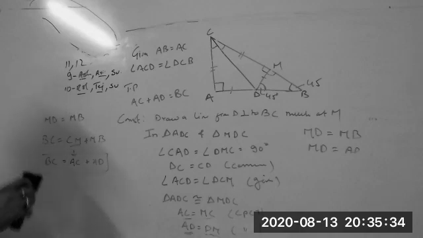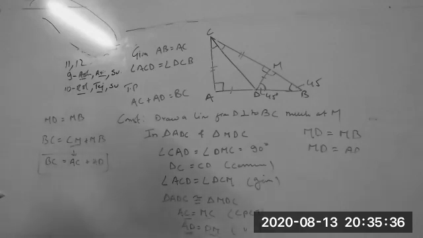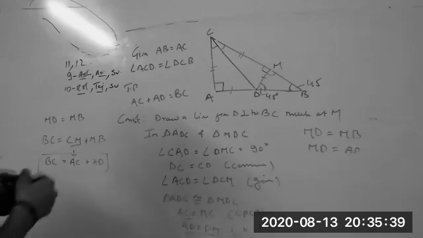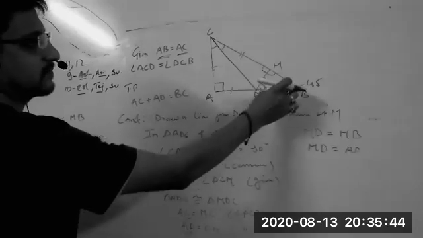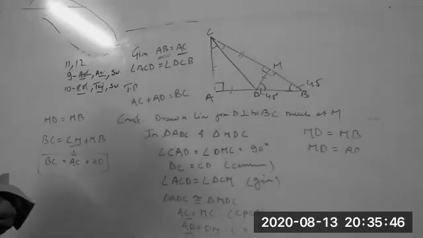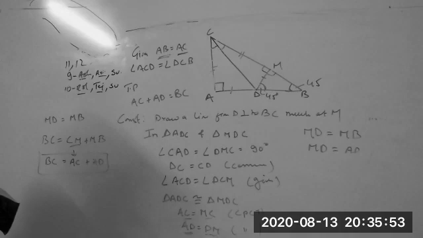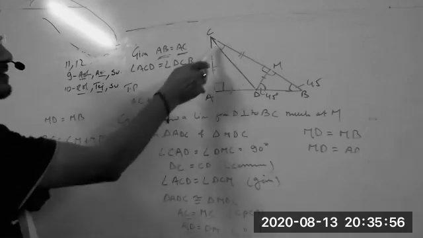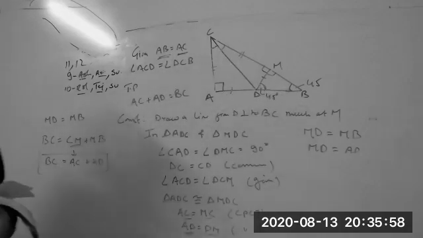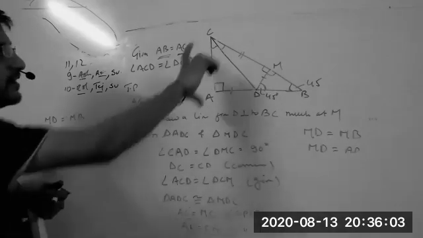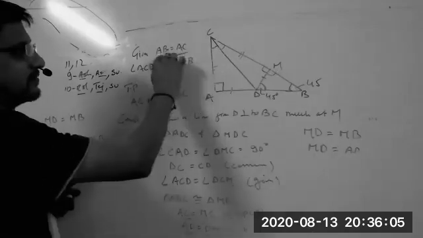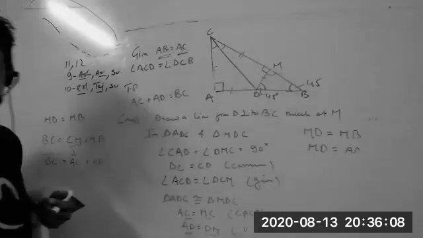Sir, could you once repeat how angle C is equal to angle B? When AC is equal to AB, given, the base angles will be equal.